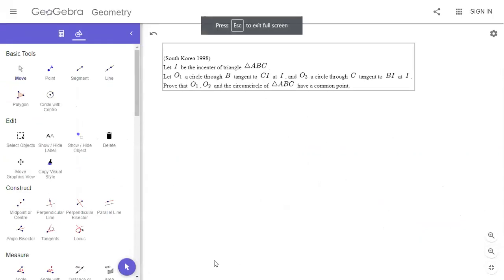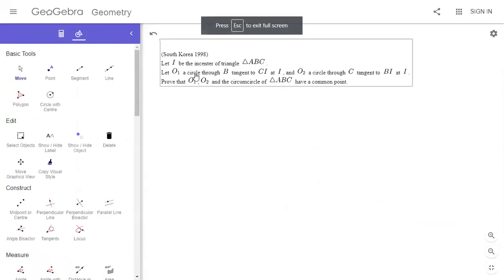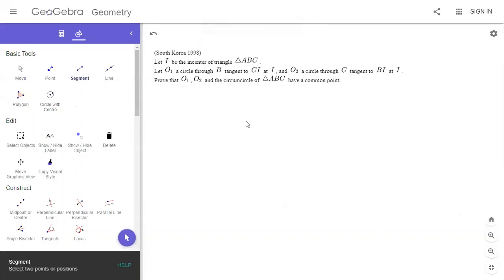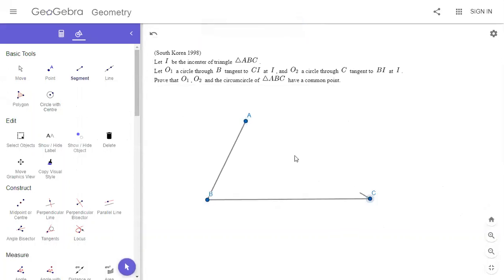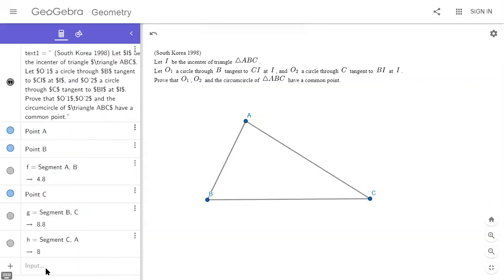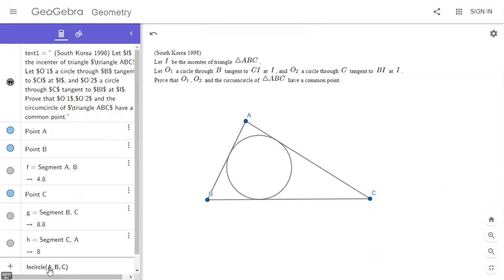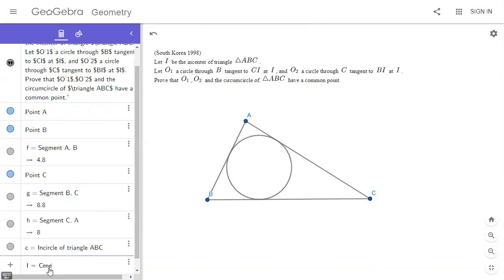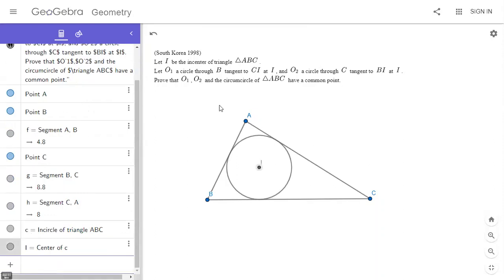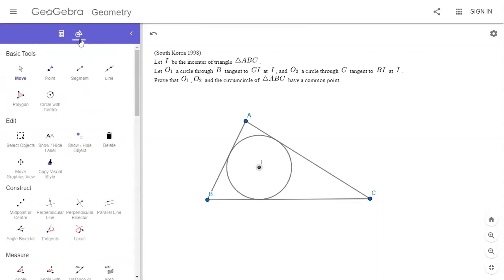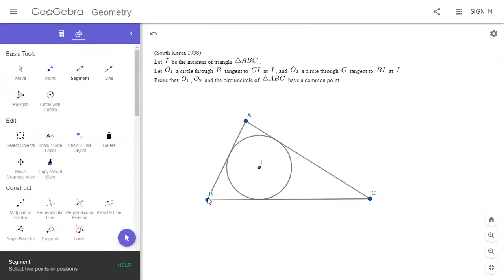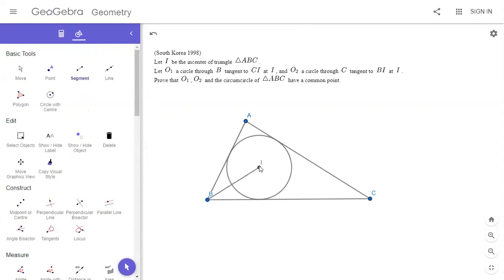All right. So let I be the incenter of triangle ABC. And then I is the center. And we have a circle through B tangent to CI at I. Basically, I'm just trying to think how to do that.